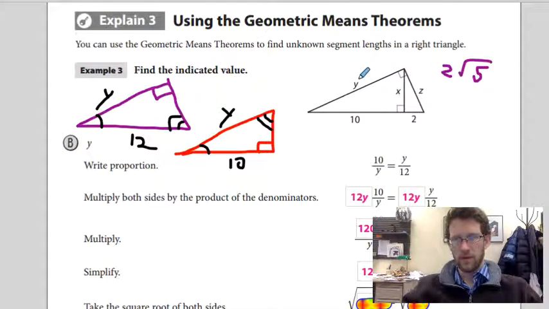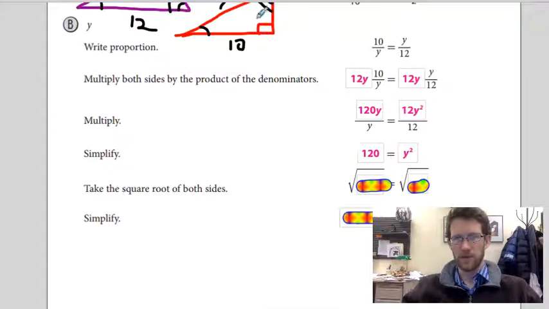So this thing is equal to the geometric mean of this entire length, which is 12, and this section here, which is 10. So 12 times 10 is 120. What's the square root of 120? We can simplify that out, and we get 2 square root 30.